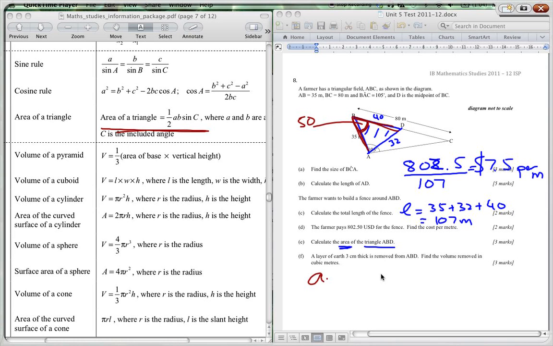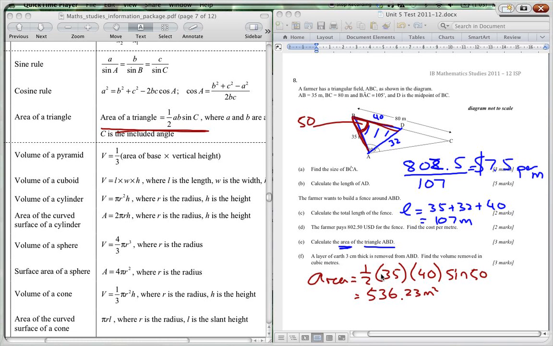So the area will equal 1/2 times 35 times 40 times the sine of 50 degrees. So we get 0.5 times 35 times 40 times sine 50, and we get 536.23 meters squared.